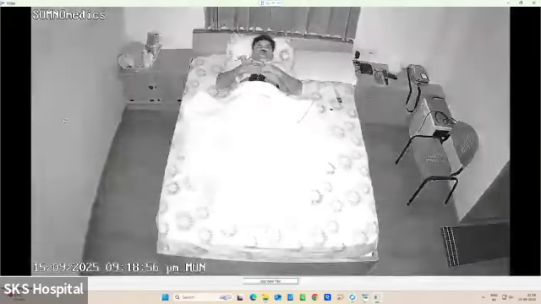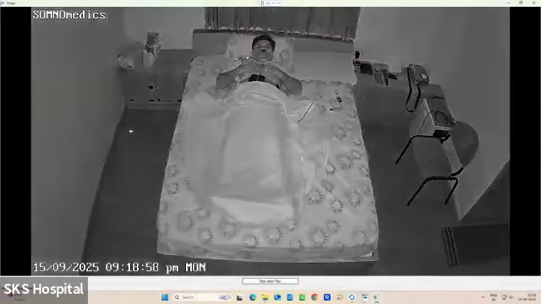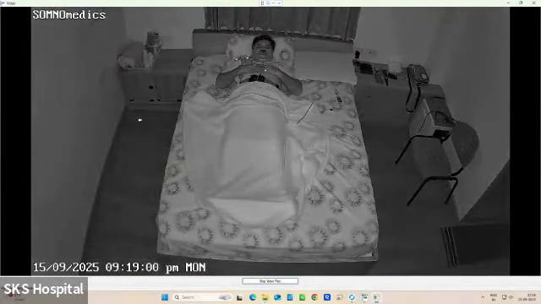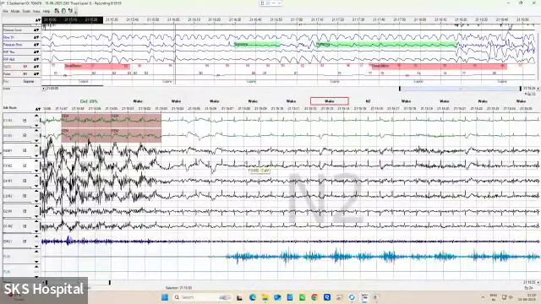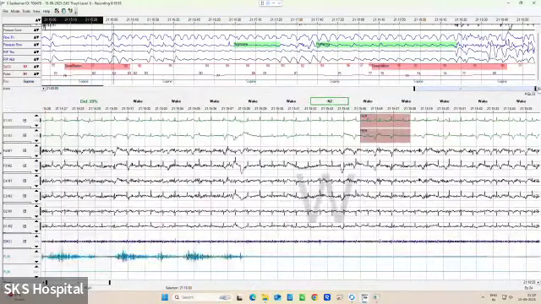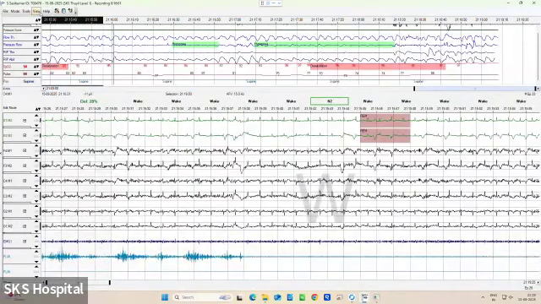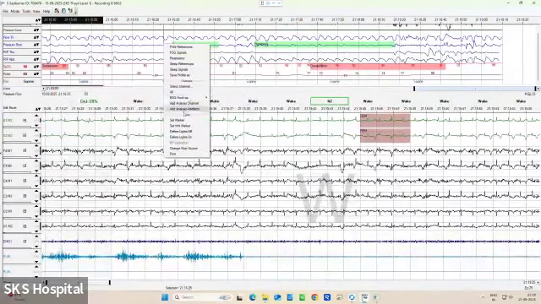This is an infrared camera, so the infrared part is also switched on. Now you can see the patient clearly. Now is the point on the timeline where you have to mark the lights off. Lights off is an important part, where you have to define the point.